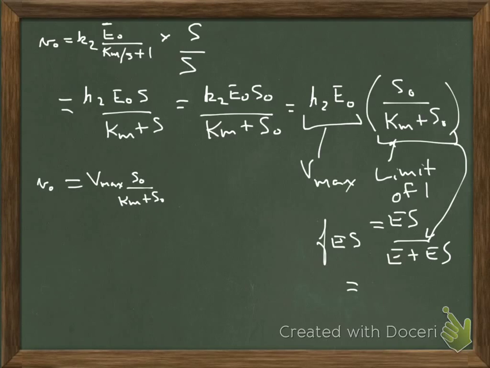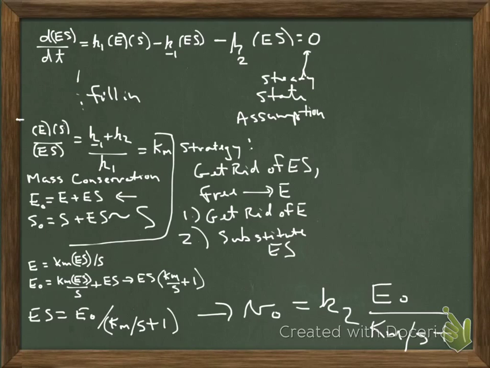I don't know if you know how to show that those two are equal to one another, but one way to do it is just to divide top and bottom by E. Like that. And then if you go back, you can see that ES over E right here is equal to S over Km.